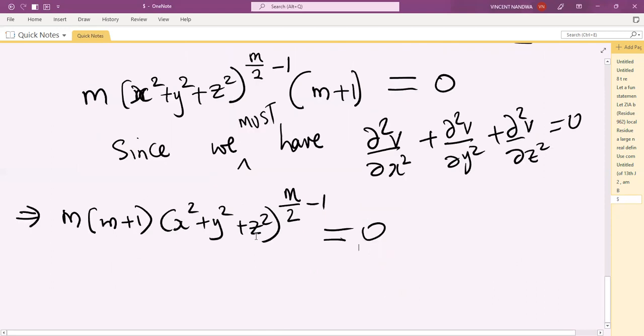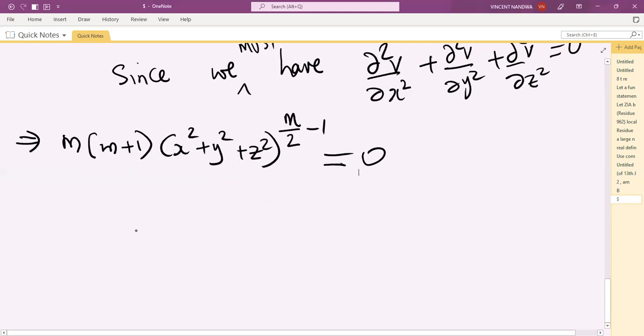And because x² + y² + z² is not 0, this implies that the product m into (m + 1) is the one that should be 0.